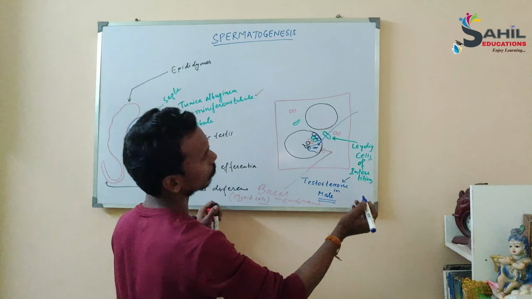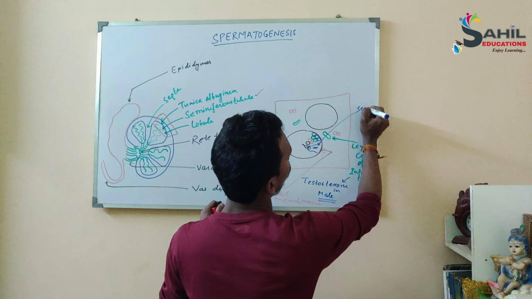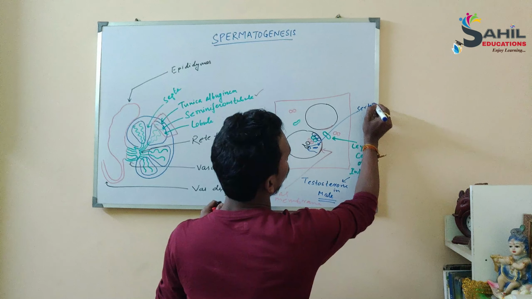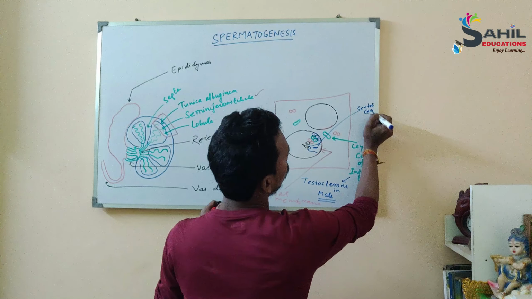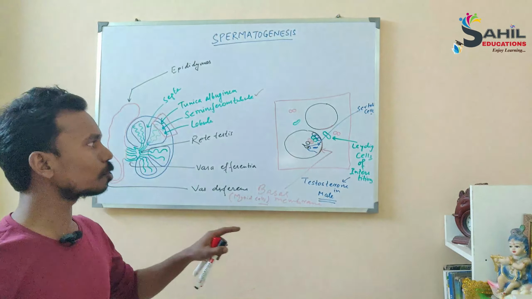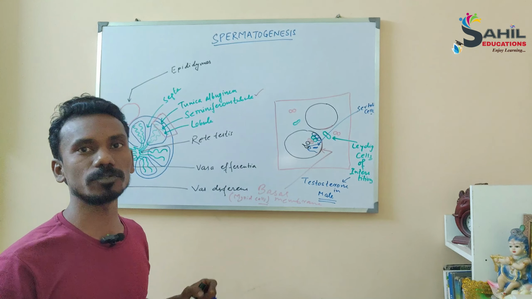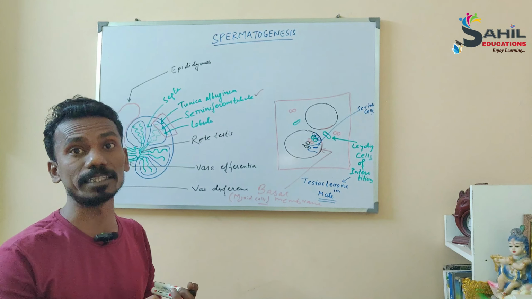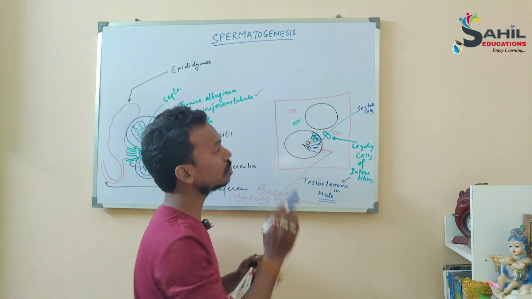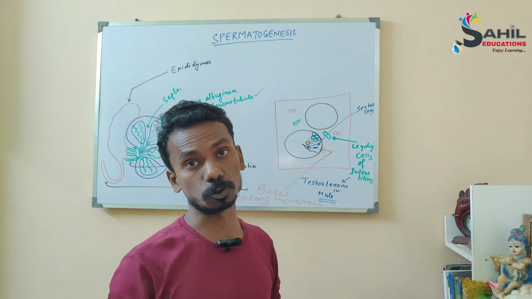These Sertoli cells are also present inside the seminiferous tubules, and they play a crucial role in the maturation of this round spermatid into spermatozoa.